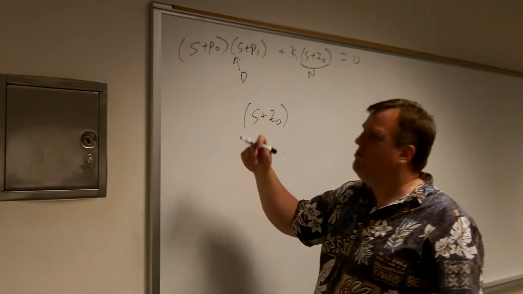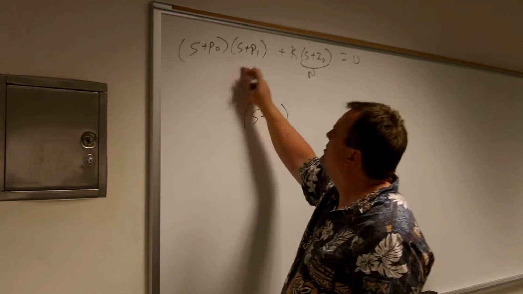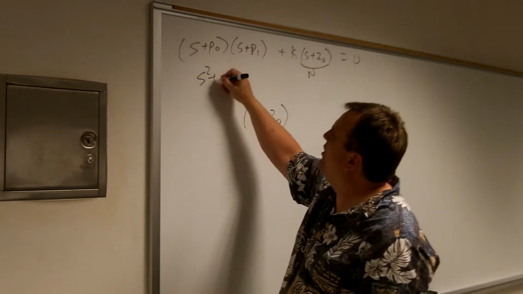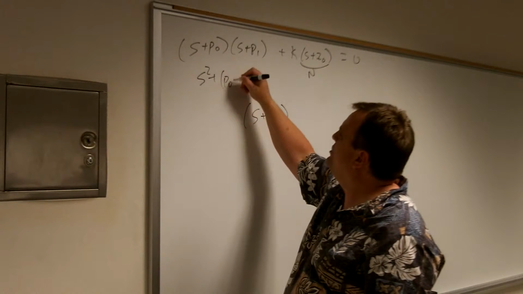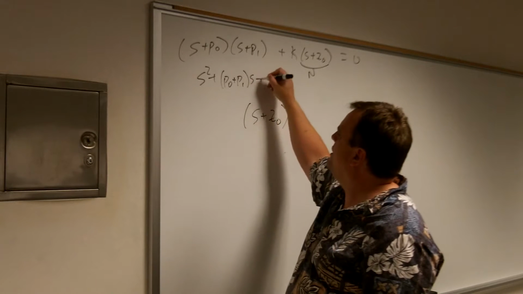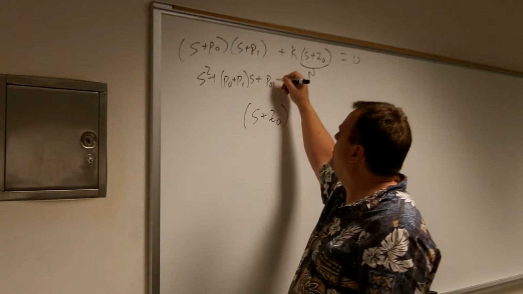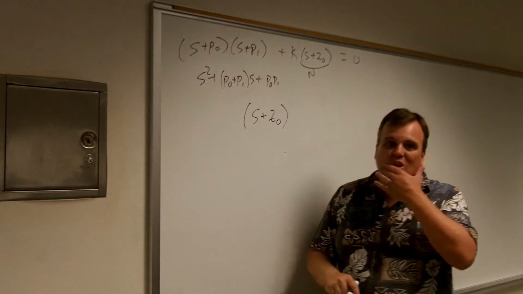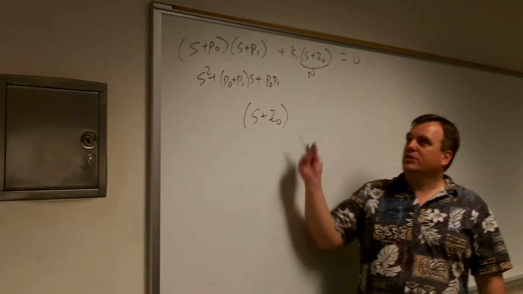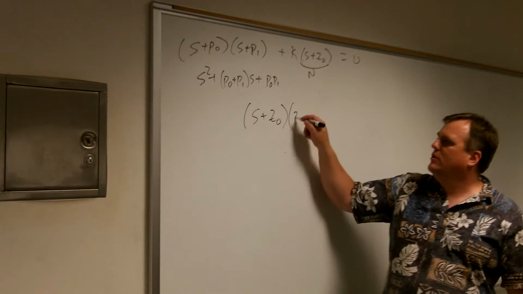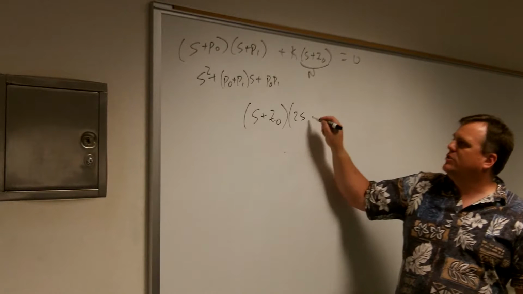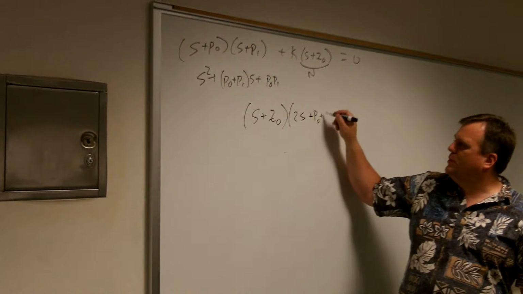Which we have. So S squared plus P0 plus P1 times S plus P0 P1. All right? So if you like this one better, just take the derivative. So I get 2S plus P0 plus P1.